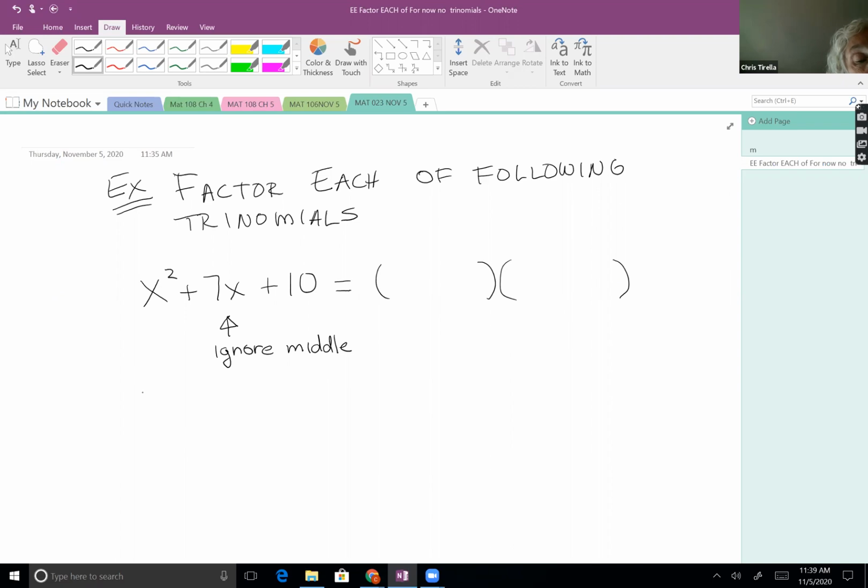I ask myself, what multiplies to x squared? And I think that could only be x times x. Is everybody all right there?